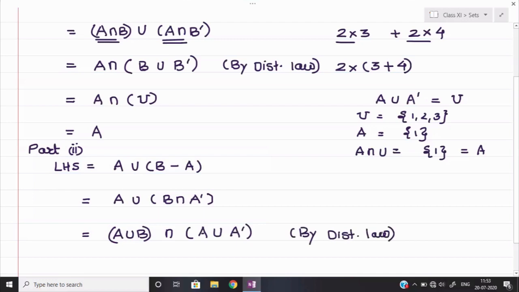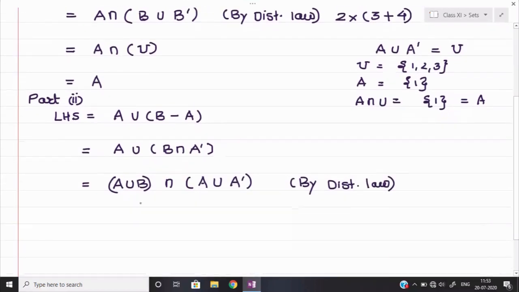Now let us see. A union B will stay as it is for some time, because for the union between A and B there is no special law, but we have a law for A union A dash. A union A dash is equal to the universal set. Just now we found A intersection U is equal to A. So A union B intersection U will again be equal to A union B, because A union B is also one of the sets that can be taken as A for some time.